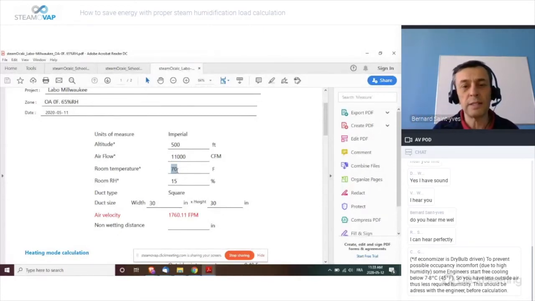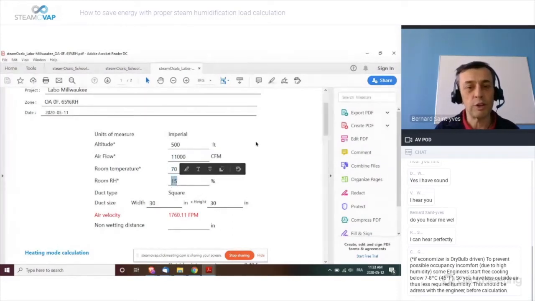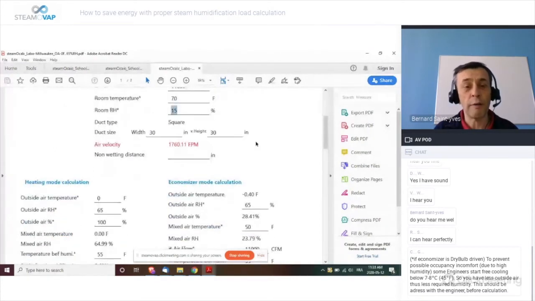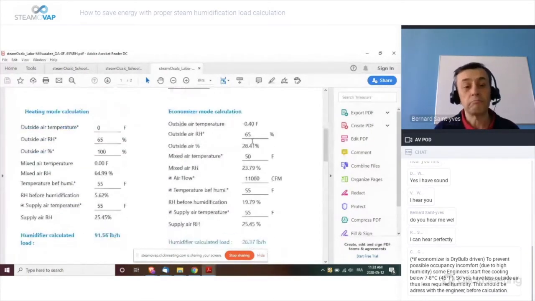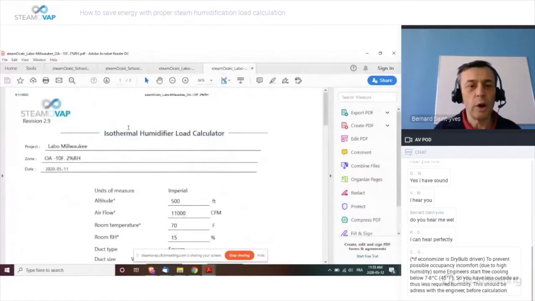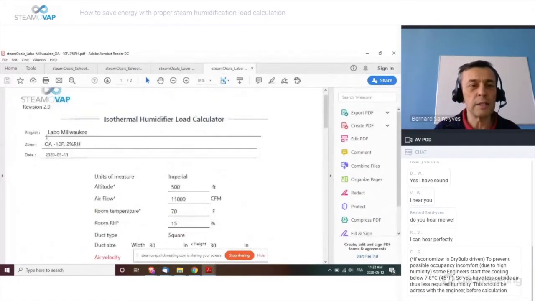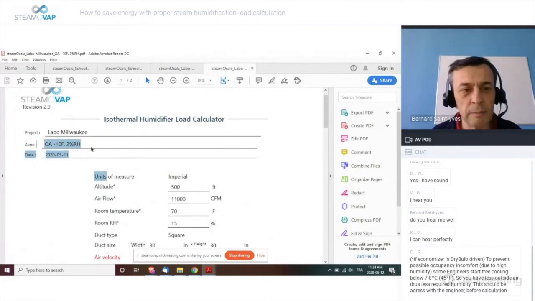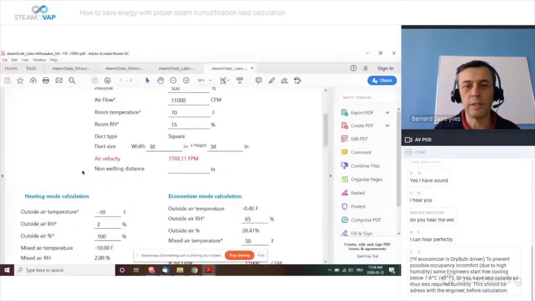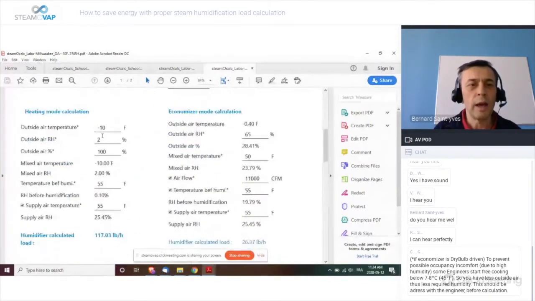And they specify 67 Fahrenheit and only 15% relative humidity in the room, which I found very low, but this is what they asked for. So in the table, there was this information: minus 10 Fahrenheit outside air, and 2% relative humidity for the outside air. So same information here.